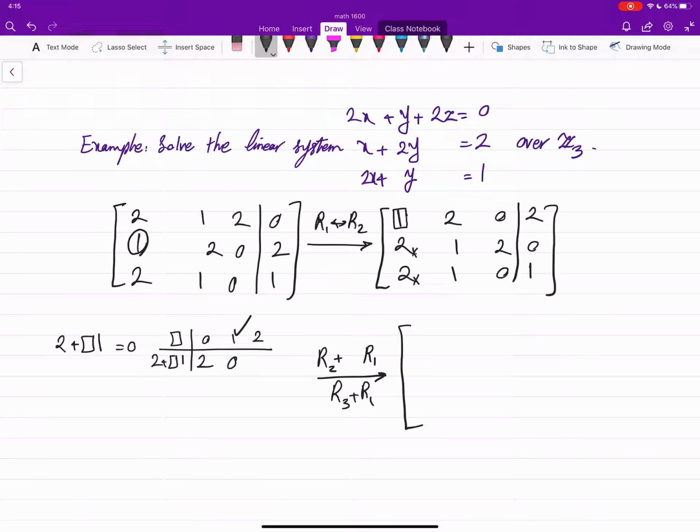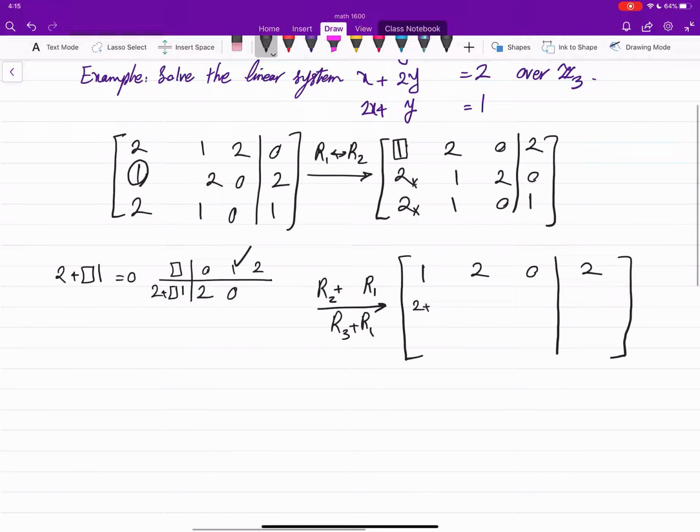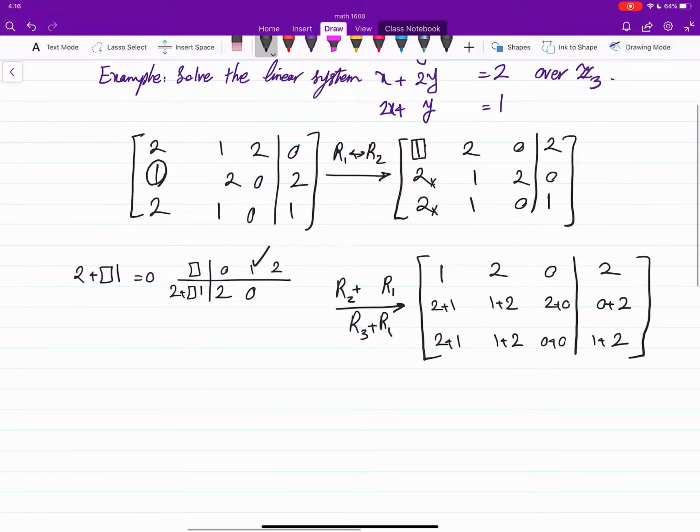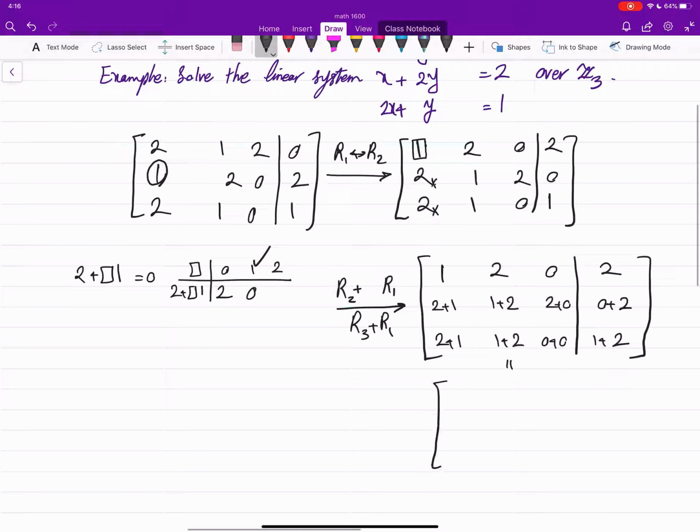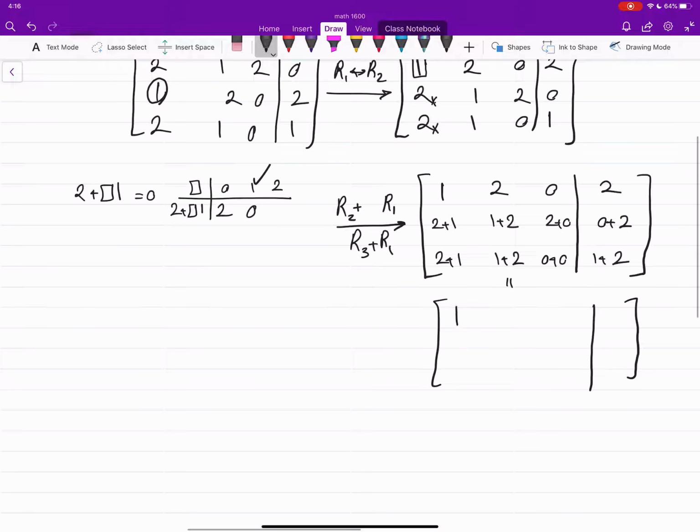This is nice. Now I have 1, 2, 0, and 2. Here we have to add 2 plus 1, 1 plus 2, 2 plus 0, 0 plus 2. Here 2 plus 1, 1 plus 2, 0 plus 0, and 1 plus 2. The matrix we get, this is not a row operation, just equality, is 1, 0, 0, 2.